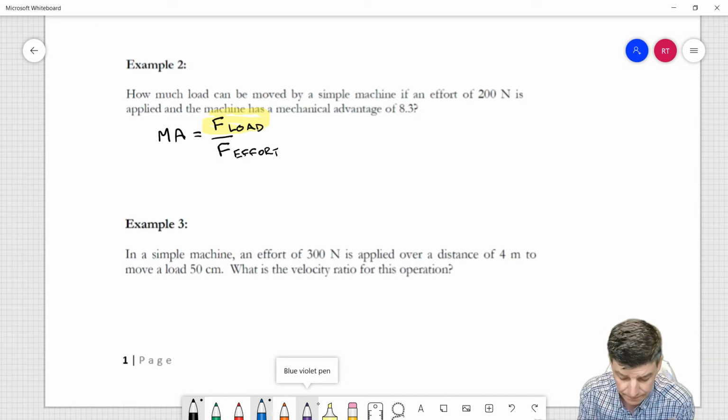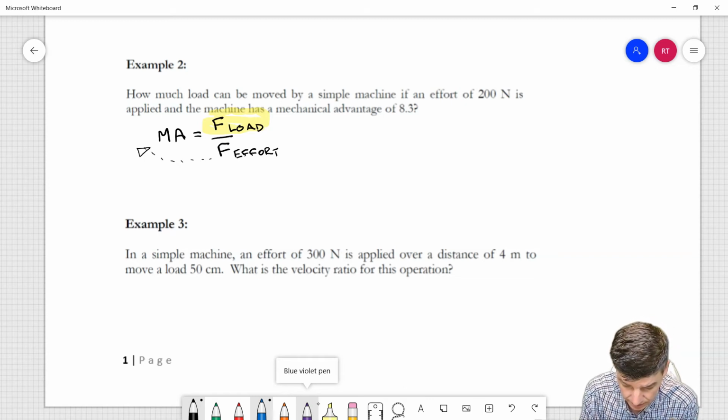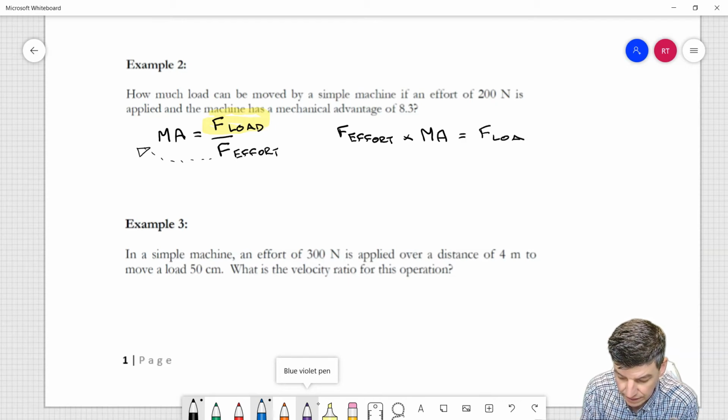Okay. However, if we're going to rearrange this equation, essentially we'll multiply both sides by the force of the effort, which will bring that guy up to that side. So what we would be left with is force of my effort times the mechanical advantage is going to be equal to my force of my load.